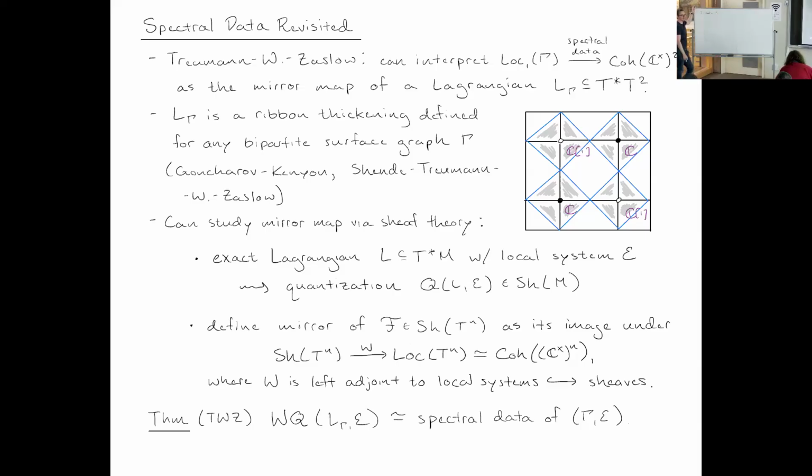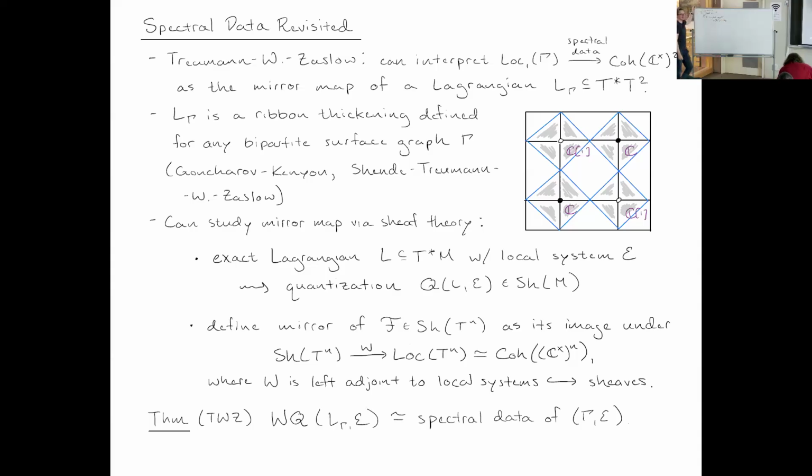If you have a sheaf on a manifold, let's say, in hindsight, it'll be constructible, there's a prescription due to Kashiwara and Schapira of the singular support of F.